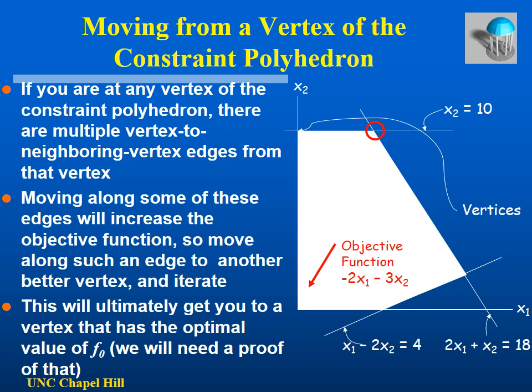It holds, but not in extreme. And likewise, x2 is less than 10. So 2 of the constraints hold at that vertex and in extreme, and the other 3 hold, but not in extreme.